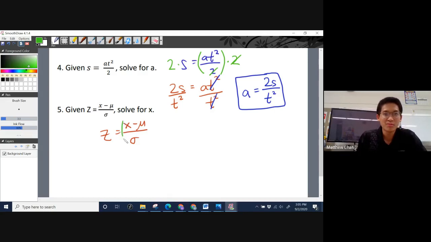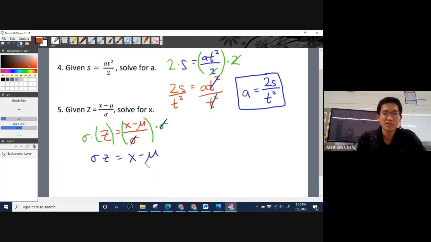We can get rid of the sigma in the denominator by multiplying both sides by sigma. The sigma cancels out, and we're left with sigma times z equals x minus mu.